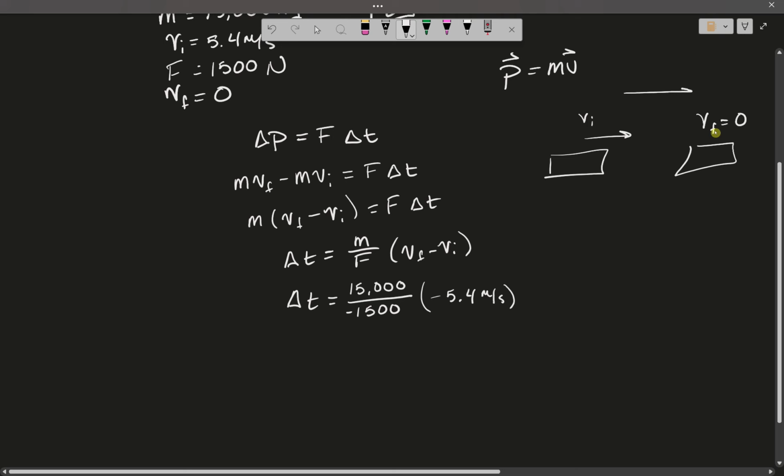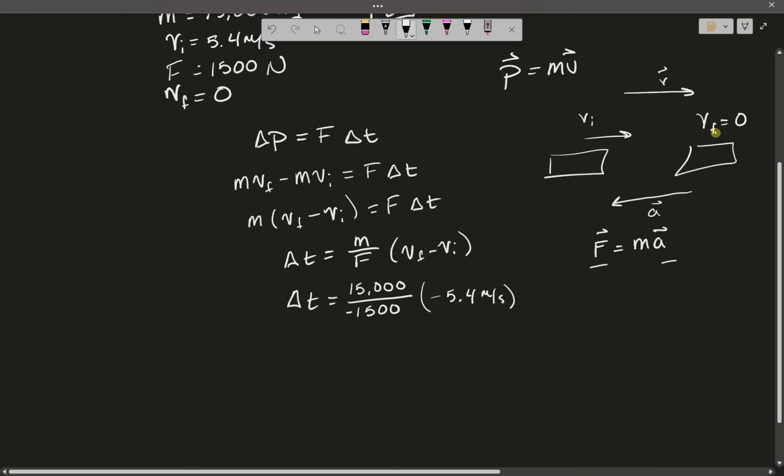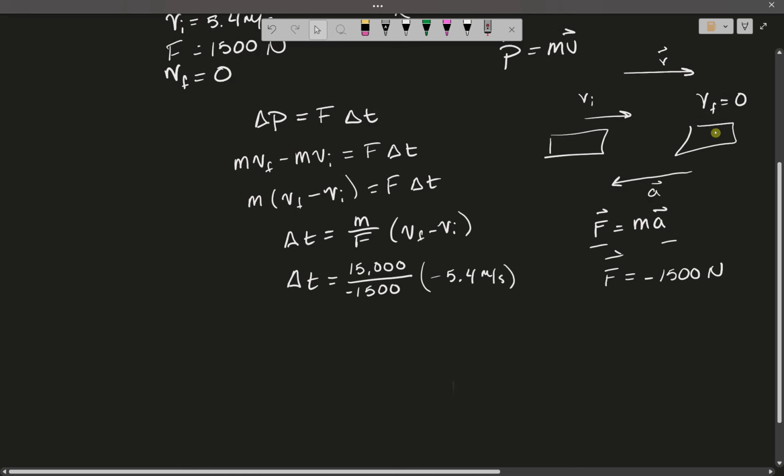Since my velocities are moving in the positive direction, in order to slow this car down, my acceleration is going to have to be moving in the negative direction, because force is mass times acceleration. If my acceleration is negative, then my force also has to be negative, because that negative gives us directionality, and both of these are vectors, meaning that my force actually is going to have to be negative 1,500 newtons. I should write the authors about that.